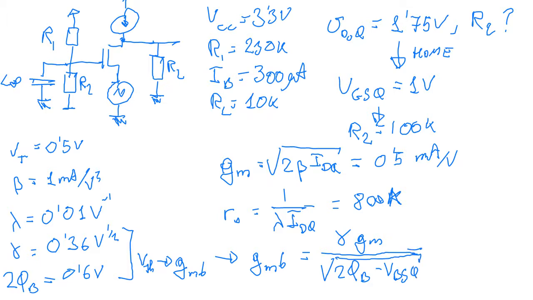In this case, the source and the bulk are at the same voltage, since the bulk is connected to ground always and in the quiescent point vi is 0, so V_BS is 0. So this is 0.23 milliamps per volt. Okay. Any questions? I'm just giving you the results.